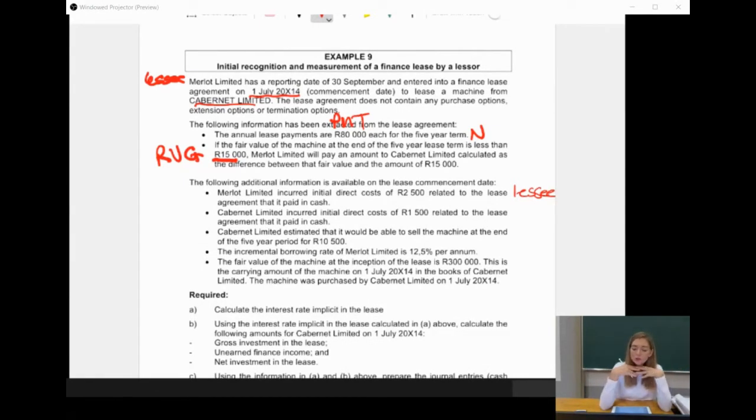However, now we are the lessor. Do we worry about the lessee's initial direct costs? No. Okay. So the lessee's initial direct costs, we're just throwing it in there. We're not doing that to confuse you. We are putting it in there to give you the opportunity to show us that you know that this is not relevant to this question.